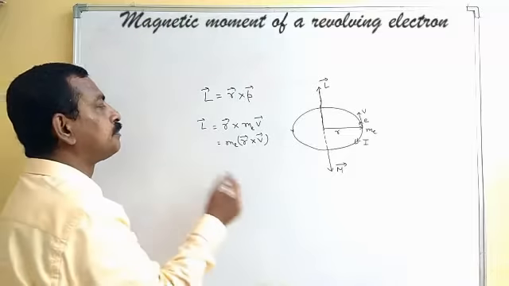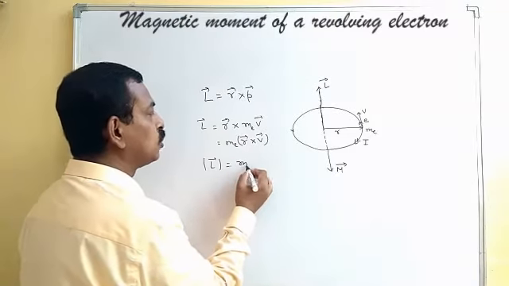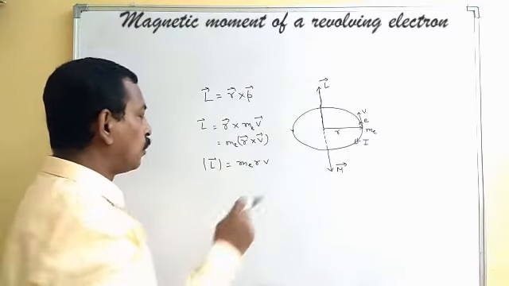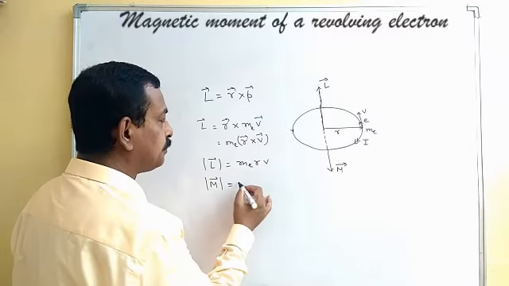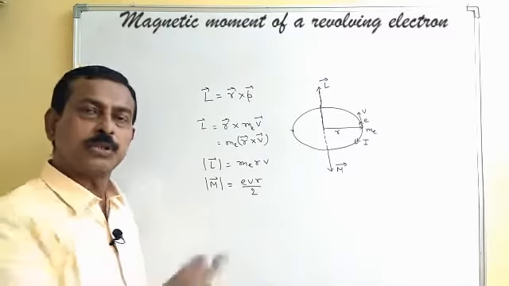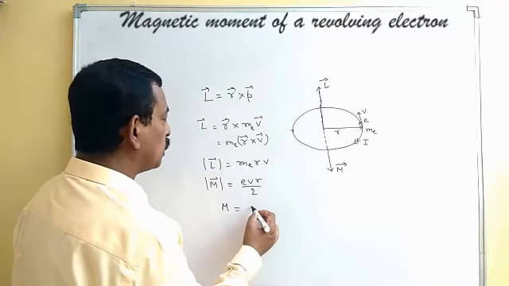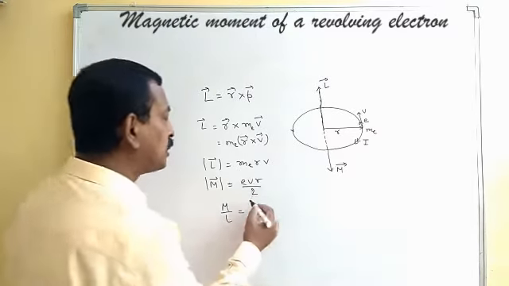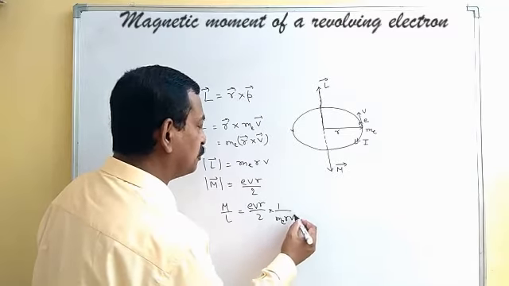So here we have the magnitude of L. If I take, this is your m_e r v, and the magnitude of M we have taken as e v r by 2. This we have obtained. So now if you consider M by L, how much will it be? It is e v r by 2 divided by m_e r v.